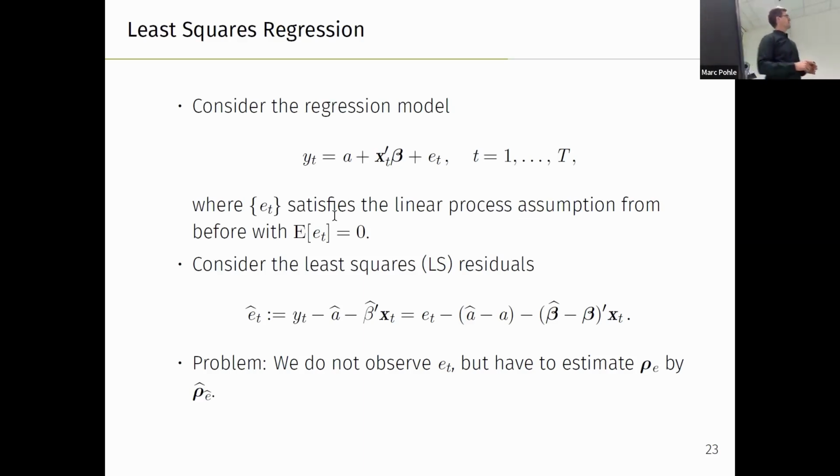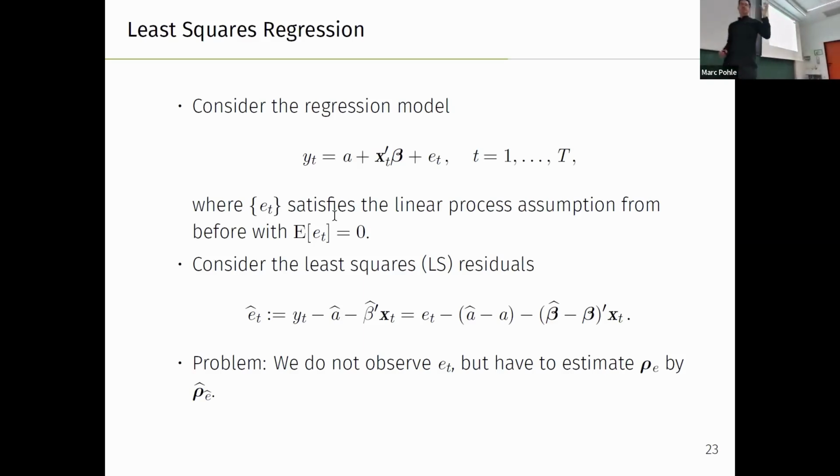The problem here is that we are interested in the autocorrelation function of the error term, but we don't observe the error term, only the residuals. So we have to estimate it with the autocorrelation of the residuals.